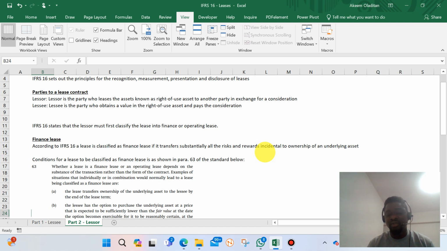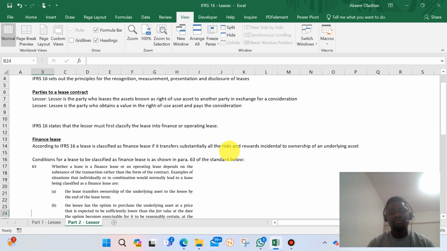The useful life of the aeroplane is maybe 25 years, but the lessee, having leased the aeroplane from the lessor, continues to lease it for about 23 years.